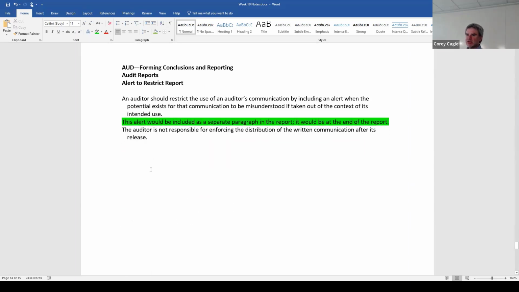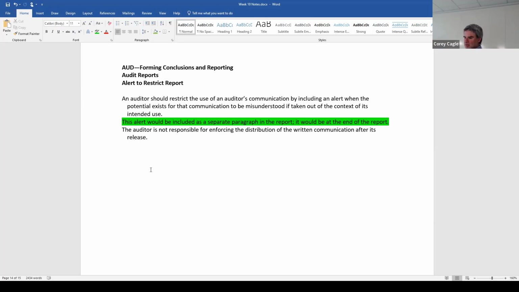Quick little section here, alert to restrict the report, and we touched on that a minute ago too. We might restrict a report if we were using some oddball basis of accounting, like a contractual basis of accounting, specifically for this person to report in a way that shows compliance with some contractual agreement. That wouldn't be for everybody, right?